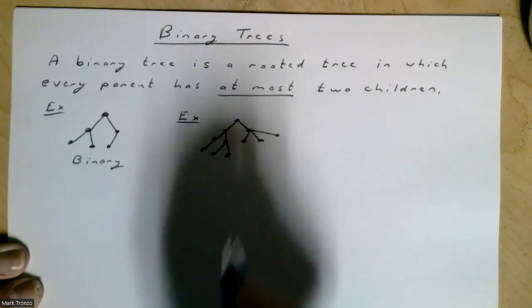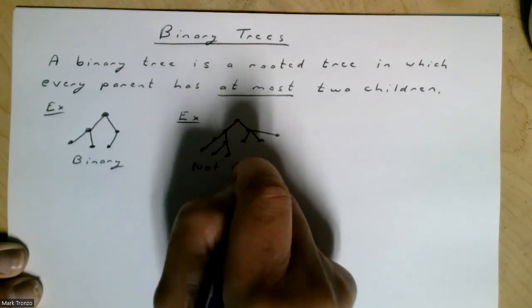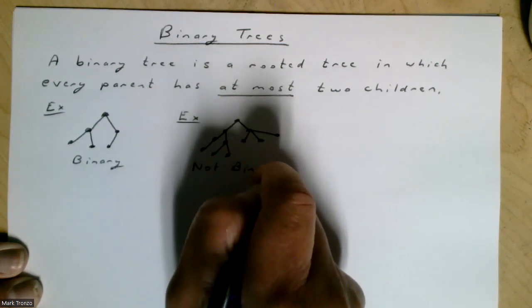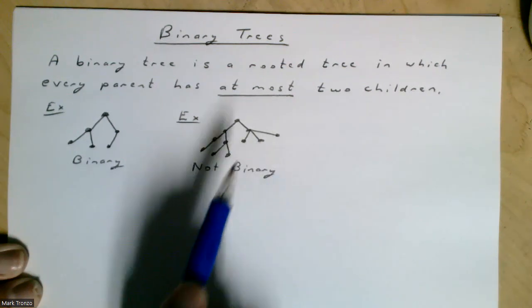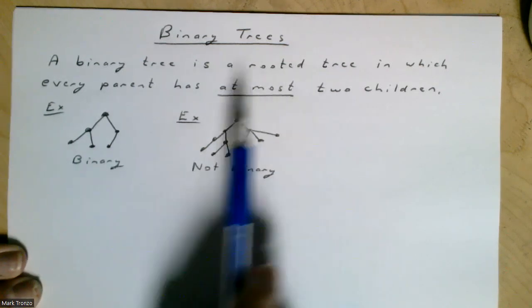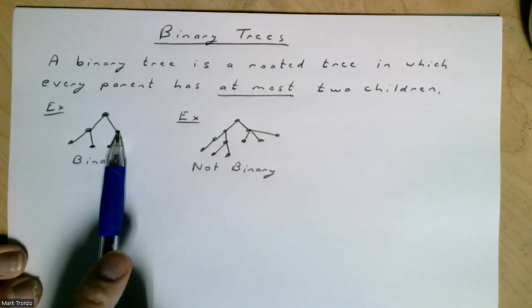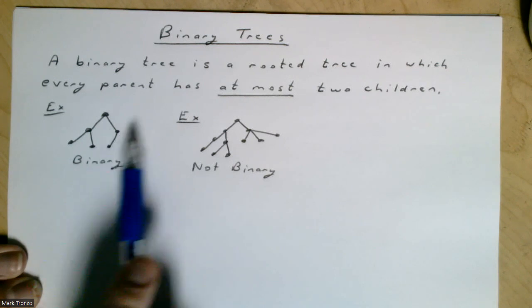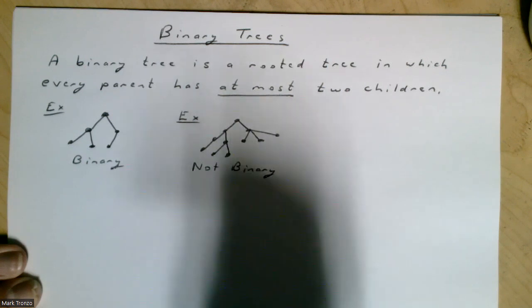This is not a binary tree. Because you see, this parent has 1, 2, 3 children. Now remember, you can have less than 2, like this one over here. This one had just 1 child, but the thing is, it has at most 2 children. So this one's not binary.